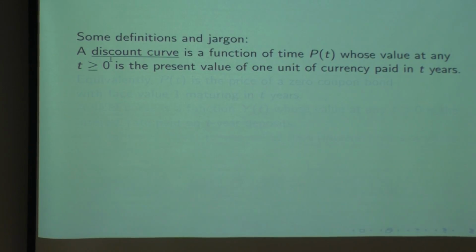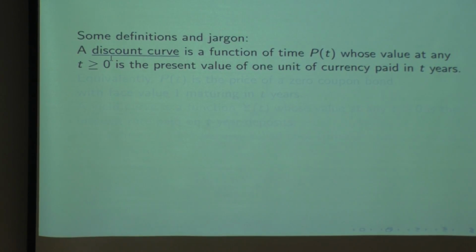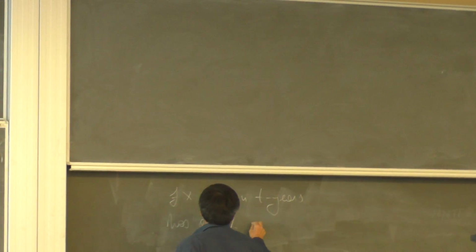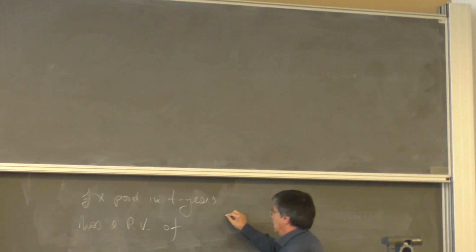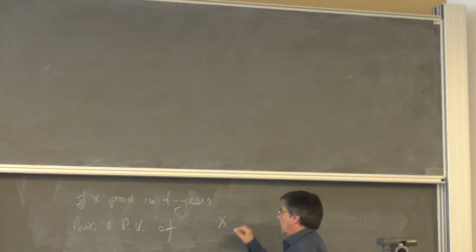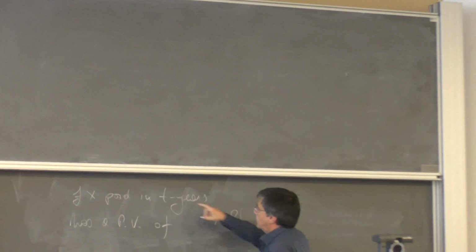So X pounds paid in t years has a present value of, we take the nominal amount of the payment and multiply it by P of t.